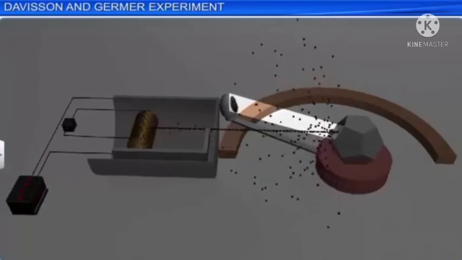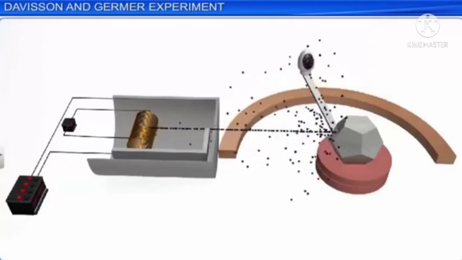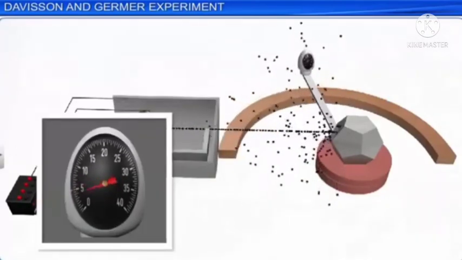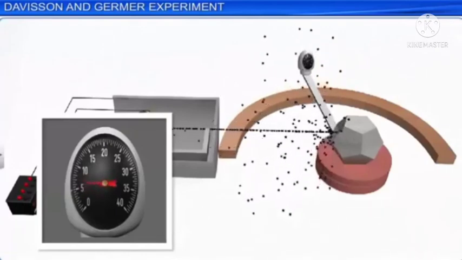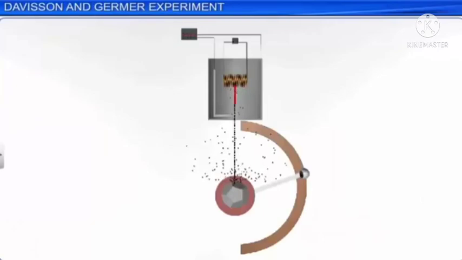By moving the detector on the circular scale at different positions, the intensity of the scattered electron beam is measured for different values of angle of scattering theta, which is the angle between the incident and the scattered electron beams.